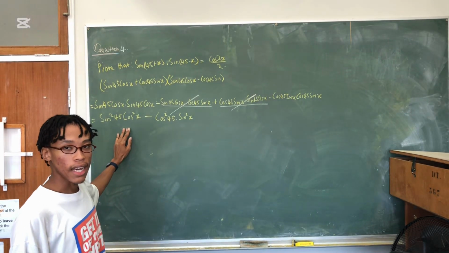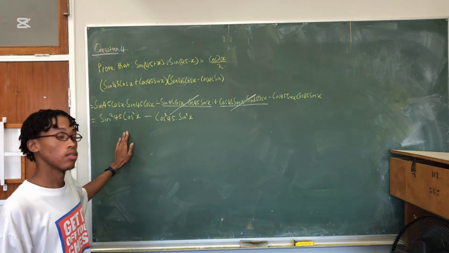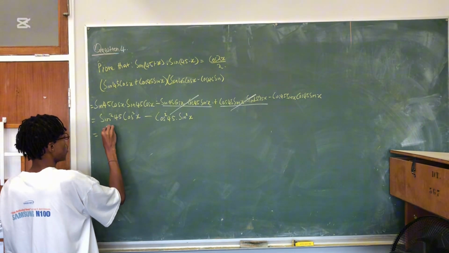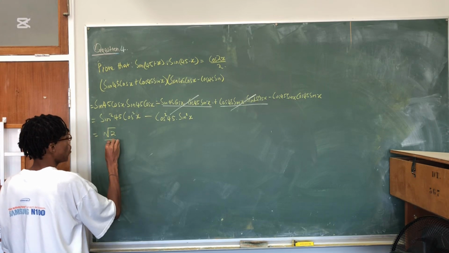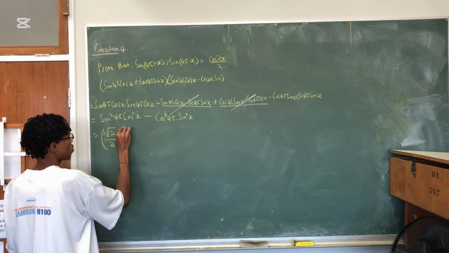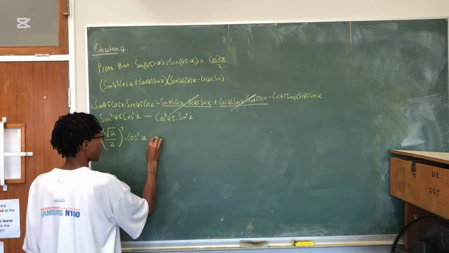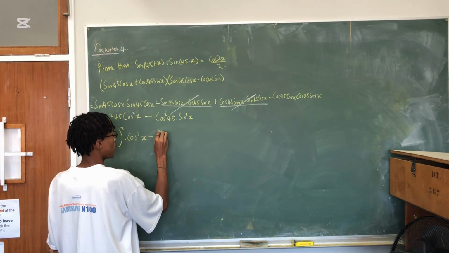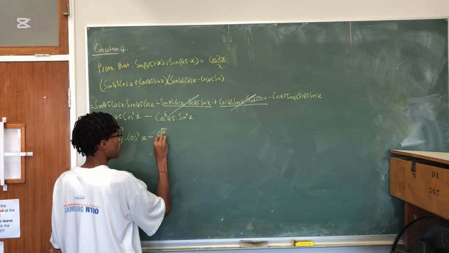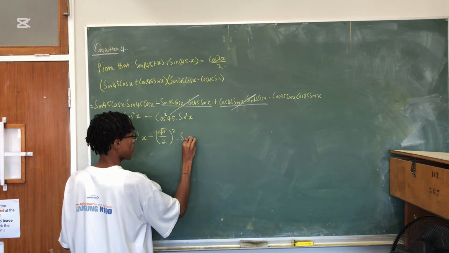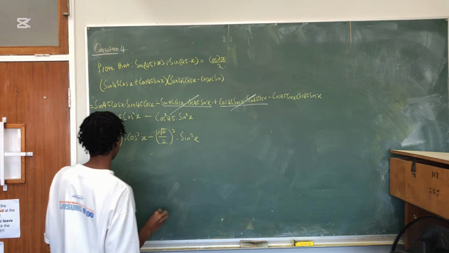But you also know that 45 is a special angle, so we can substitute sine as square root of 2 over 2 squared multiplied by cos squared x, minus square root of 2 over 2 squared multiplied by sine squared x.